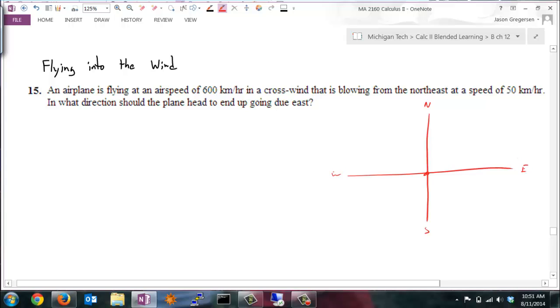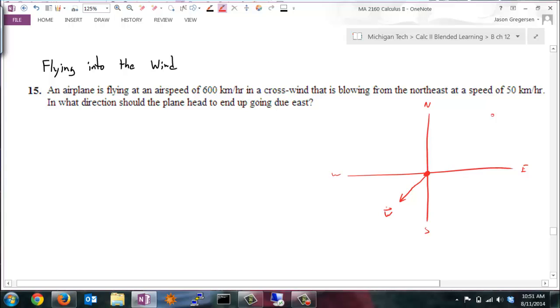This is the wind blowing from the northeast to the southwest. If it's acting on my plane, the force should be going like this. So that would be the vector representing the wind here. I'll call it W for wind.